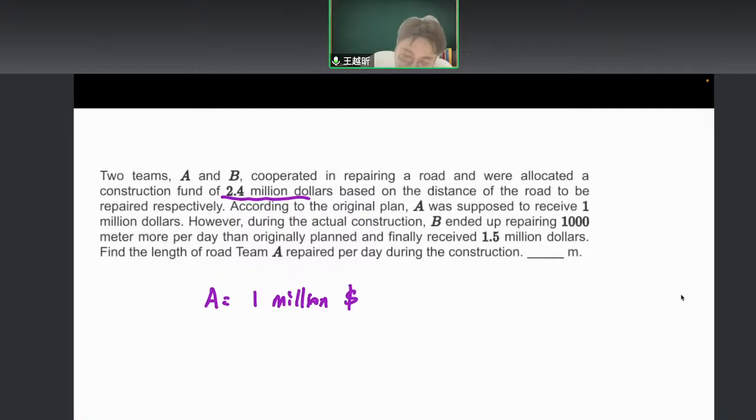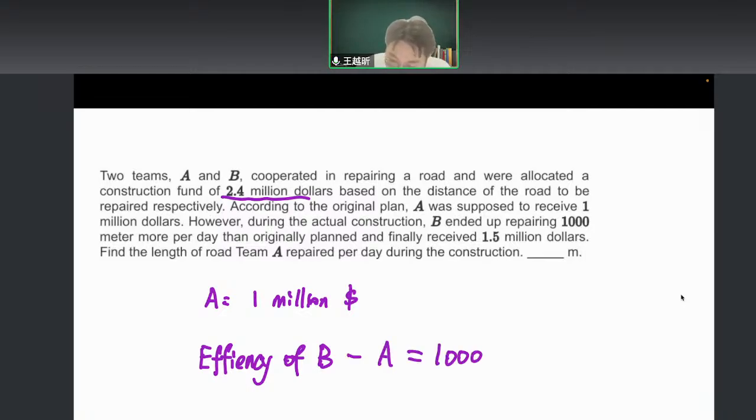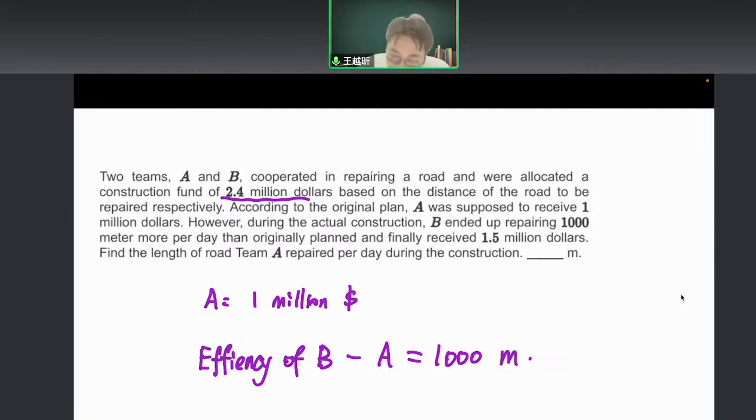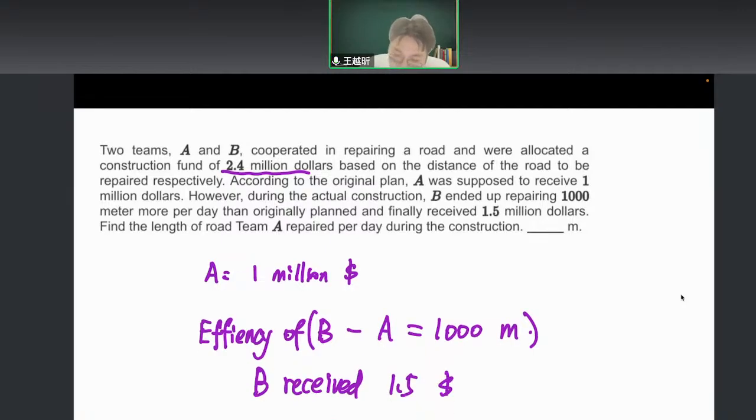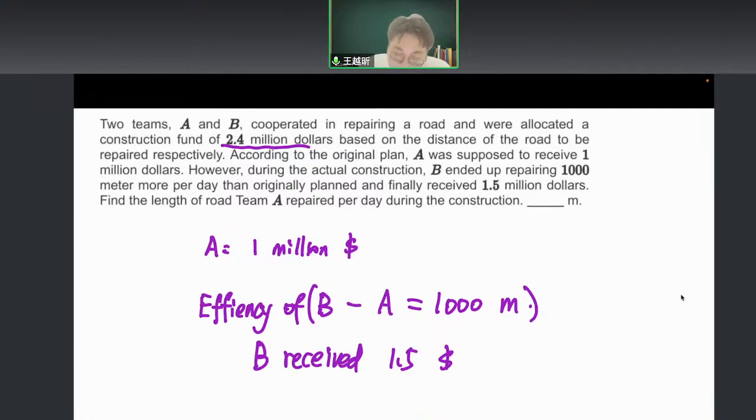So the efficiency of B minus A should be 1,000 meters. And finally, B received 1.5 million. Find the length of road A repaired per day during the construction.